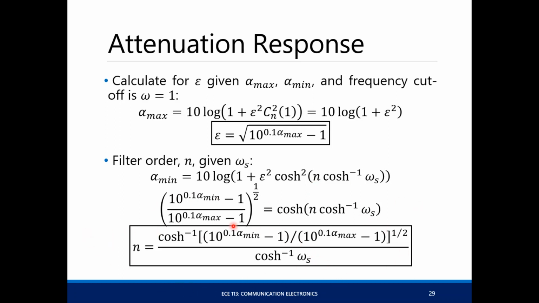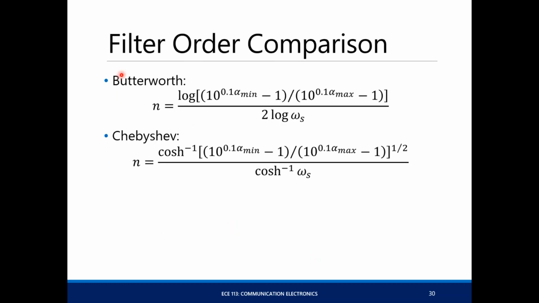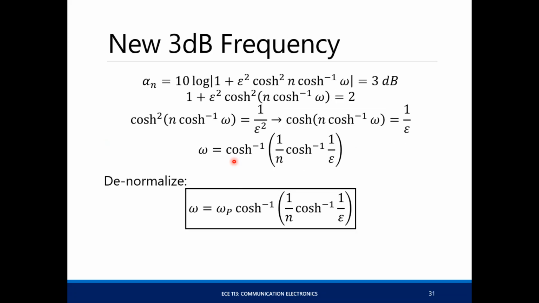Just to compare, your Butterworth is based on logarithm, while your Chebyshev is based on the inverse hyperbolic cosine function. Again, to make it behave like a Butterworth filter, we want our epsilon to be effectively equal to 1. So this will be absorbed by a new cutoff frequency defined by this equation right here.